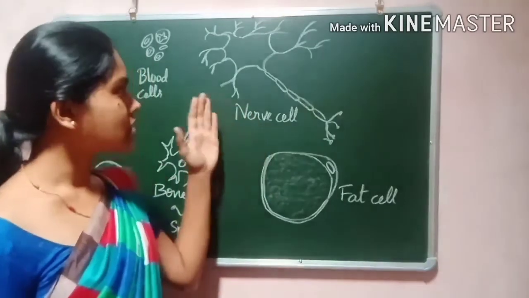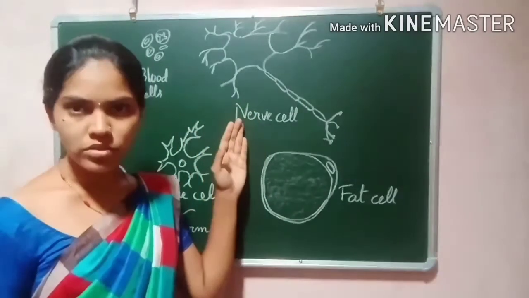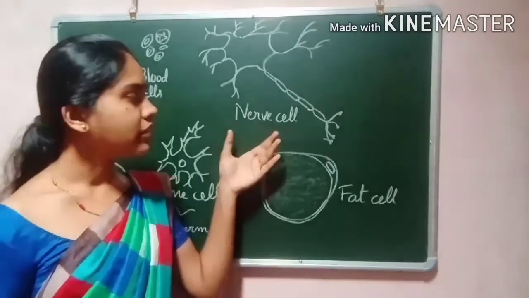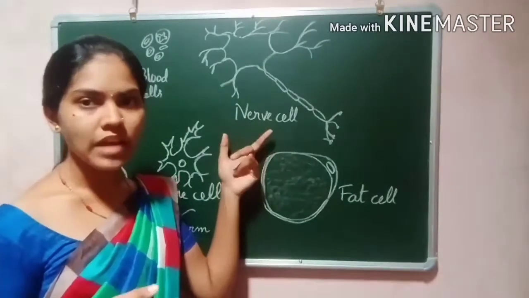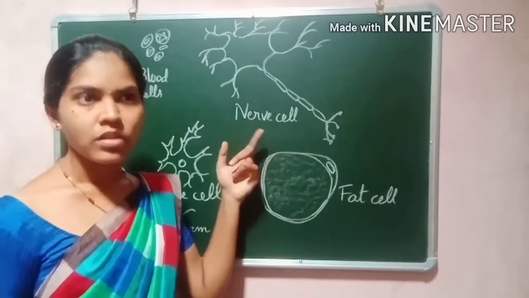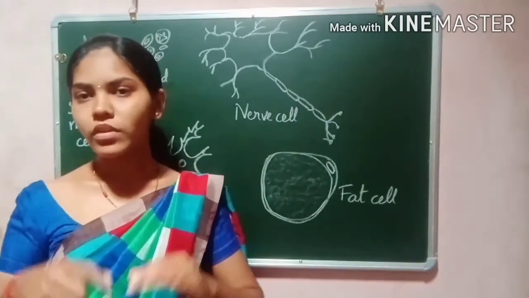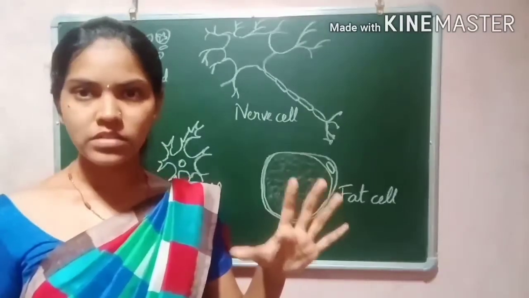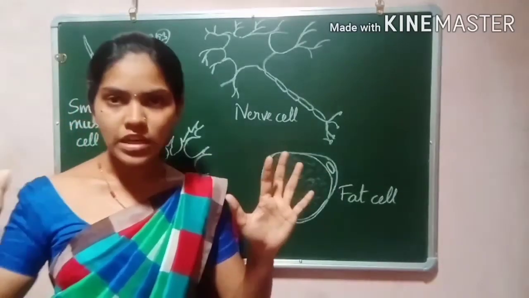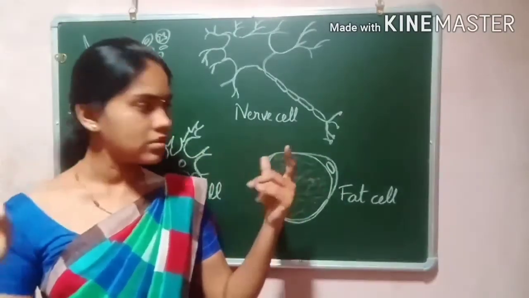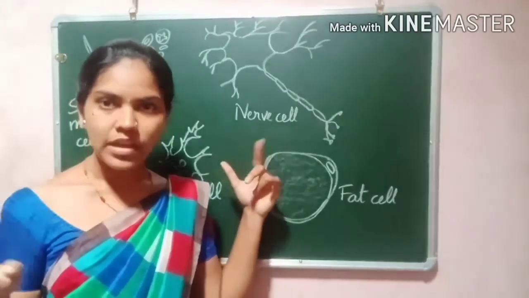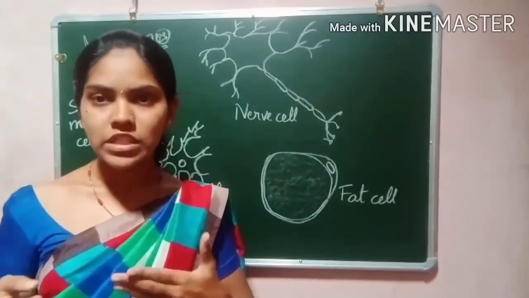How do these cells carry out these life processes? How do they perform their specialized functions? We know that multicellular organisms have different body parts, specialized structures, and different kinds of cells, and we can observe the division of labor.